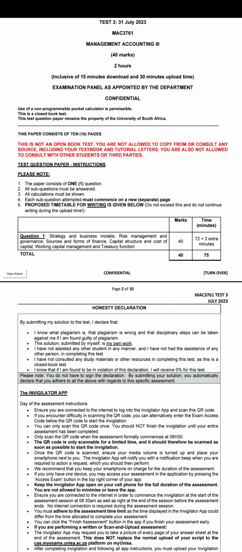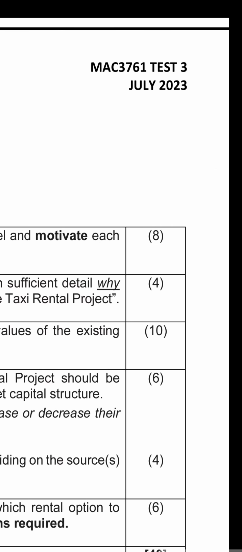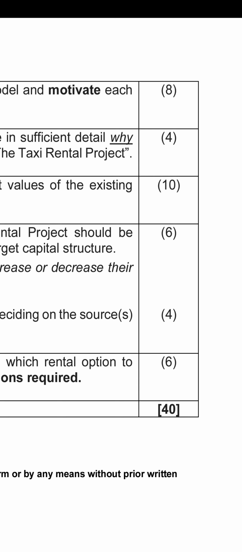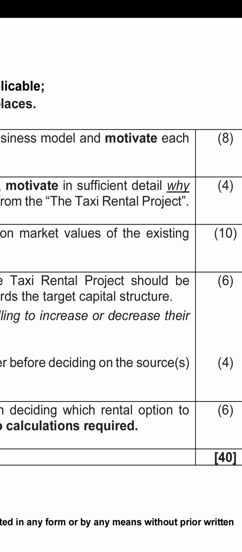But again, I've told you, your time management's important. So even though you're going to be looking at that, remember I said 1.5 minutes per mark. So you should be working that out here to see how long each question should be taking you. So obviously 8 marks is the SWOT analysis.